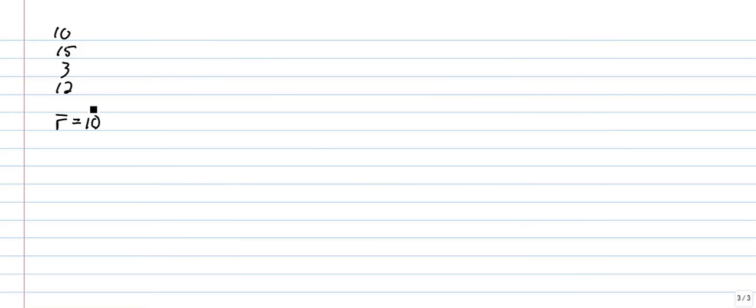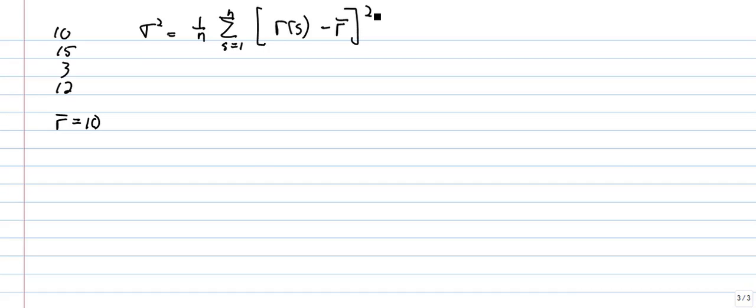Our formula, I'll write that down for you, says 1 over n, sum s equals 1 to n, r_s minus r bar squared. So let's take each one of our returns. We had 10 first. And let's subtract the mean, which was 10. And then we have to square it.